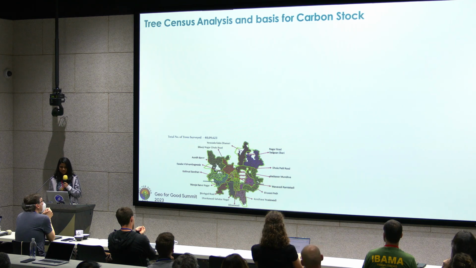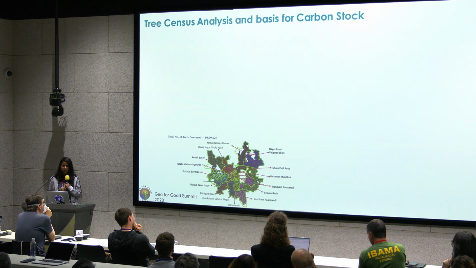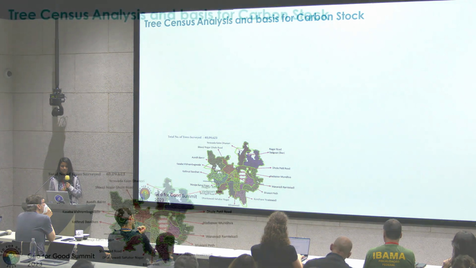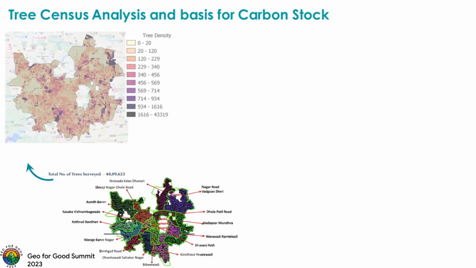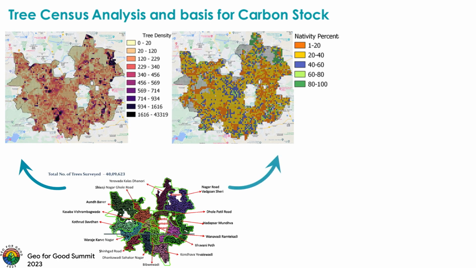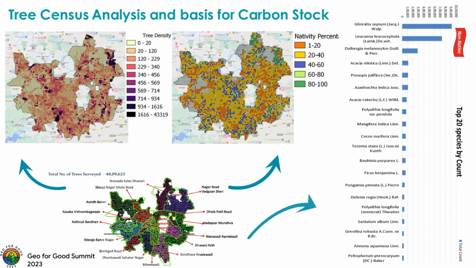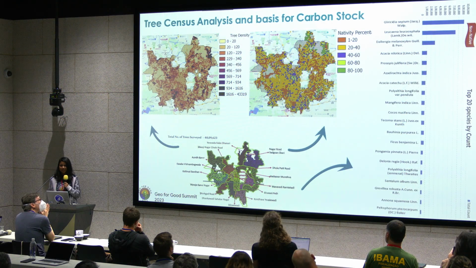Apart from calculating the carbon stock, we also analyze the data to look at the geospatial spread of the tree cover across administrative boundaries, the abundance and the diversity of the species, and then we establish some statistical considerations which help us make a sampling strategy for subsequent data collection.